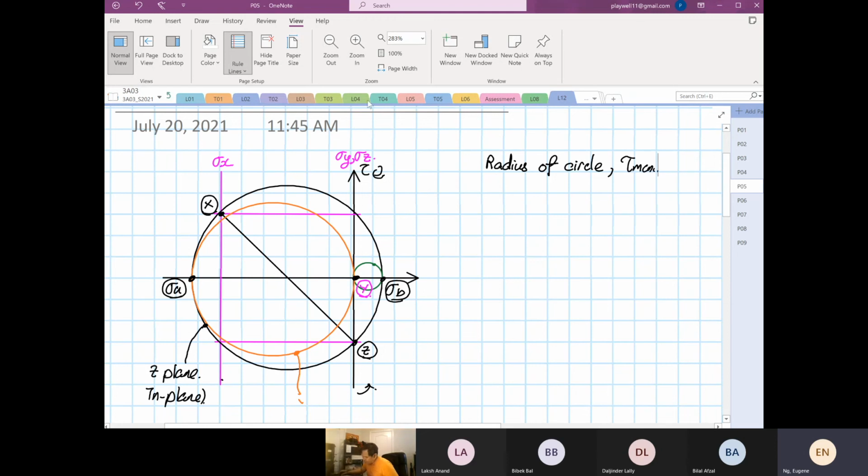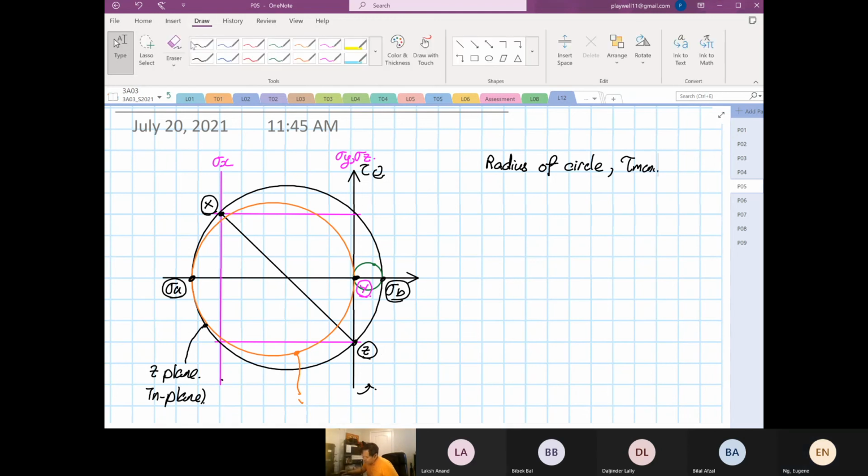If we draw a line over here, we are going to find the radius. This is the radius that we want to find.